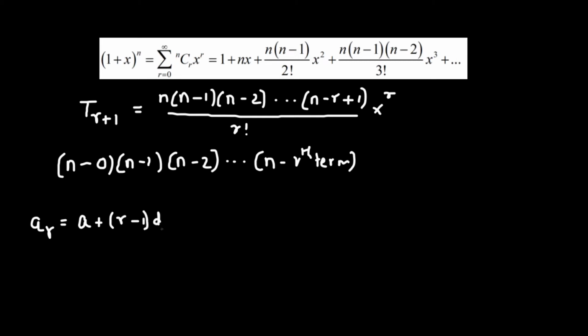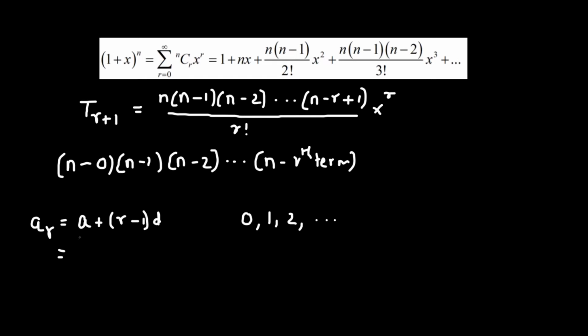That's because we can see that the first value is 0, followed by 1, then 2, all the way up to the r terms. This is an AP series, an arithmetic progression.